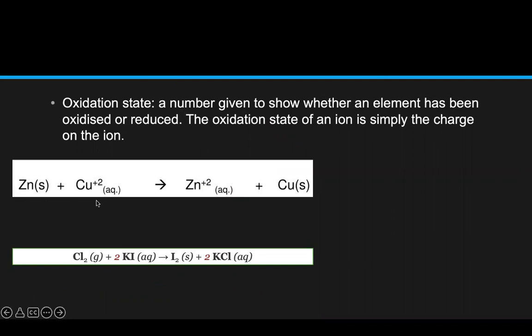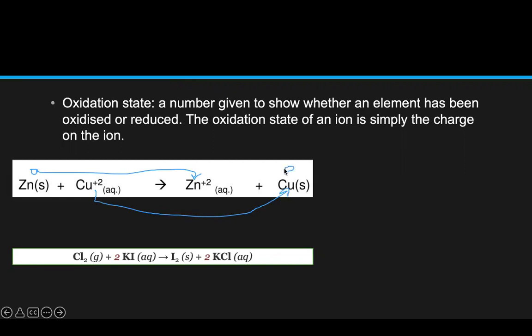So during this reaction that you see right here, the oxidation state of zinc was 0, and it has increased by 2, from 0 to +2. Meanwhile, the oxidation state of copper has decreased by 2 because it goes from +2 to 0.